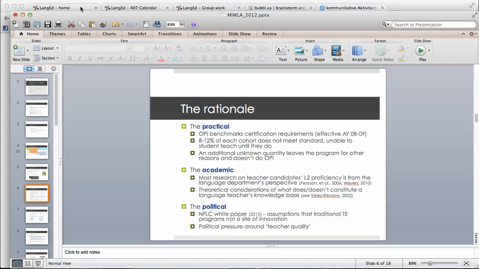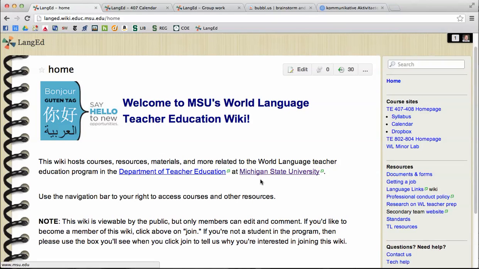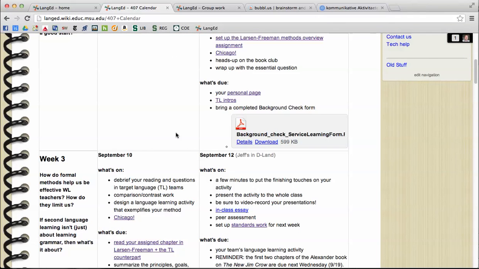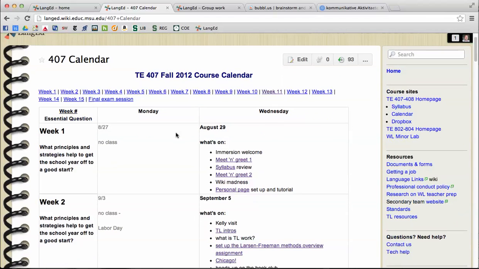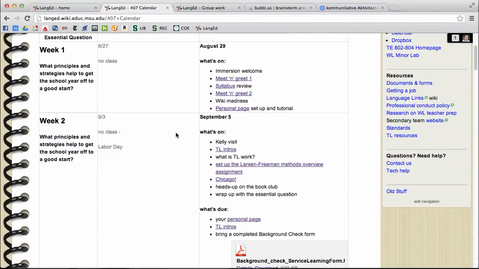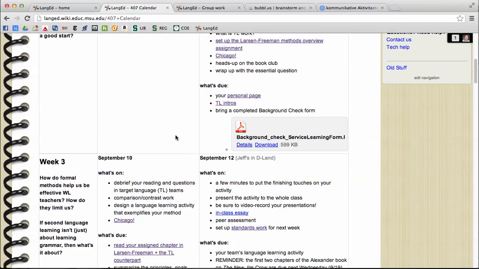Let me share with you now some examples of the work we're doing. The teacher preparation program at MSU is a 2-year program, and in our case, for world languages, the entire curriculum is hosted on this particular wiki. Last fall in the senior year course, the heart of this course is learning about the ACTFL and then Michigan World Language Standards, and then focusing on principles for designing effective language learning activities in all four skills.